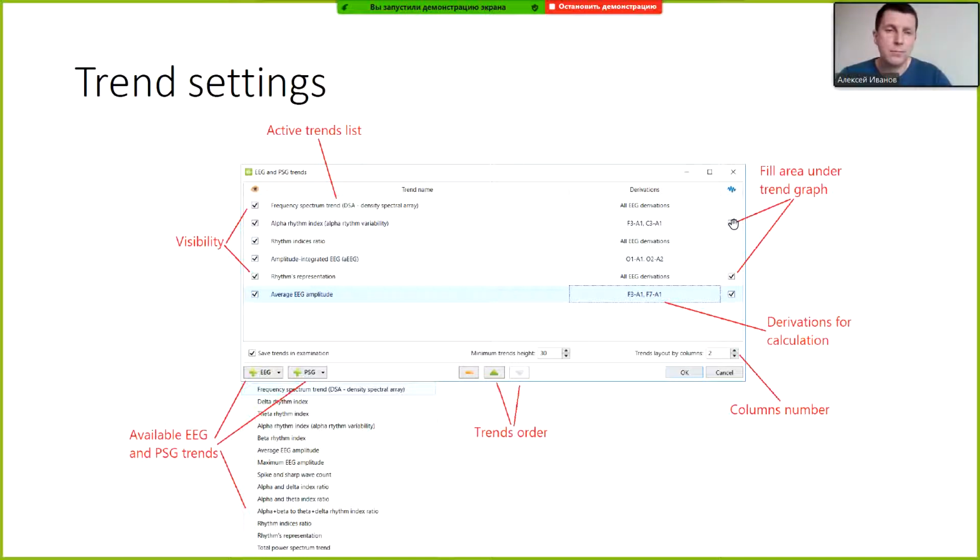Also, some trends have an option to fill the area under the graph. It's useful when you use trends in the window, but if you want to print them on a printer, it is better not to fill the area under the graph. Also, here you can select how many columns of trends you want to see on the screen and the minimum trend height.